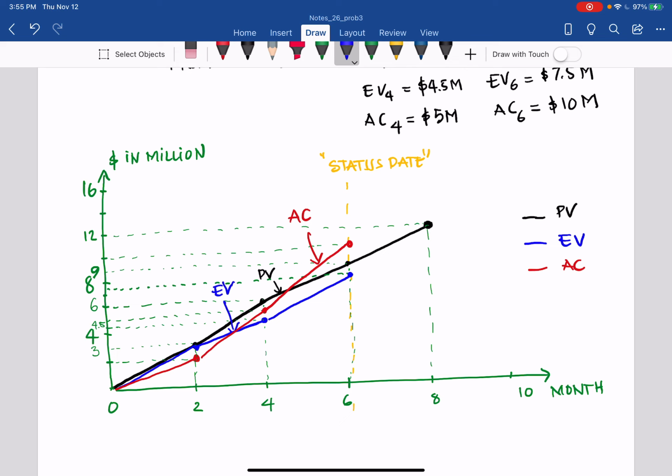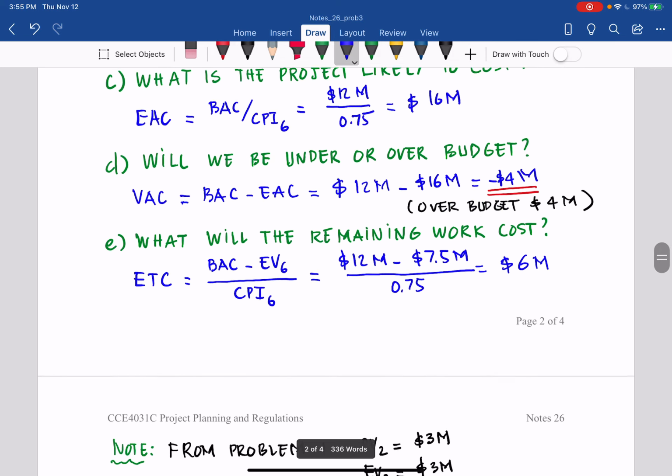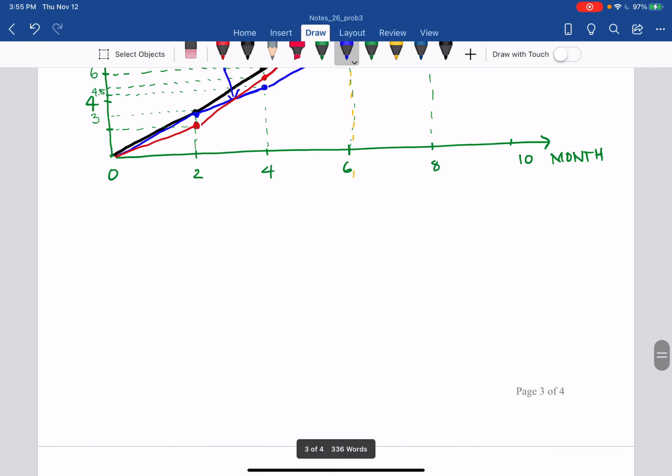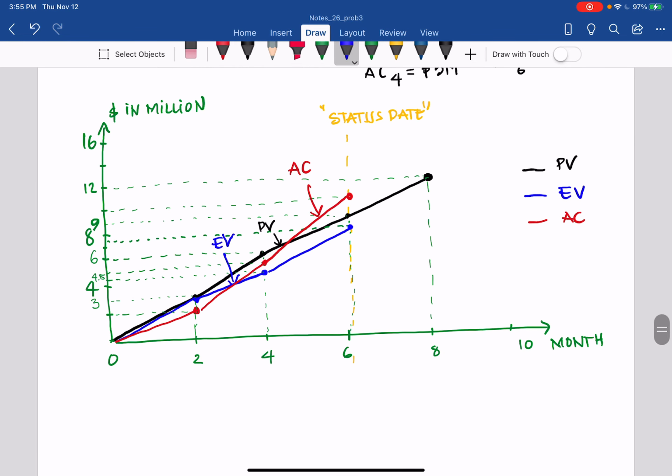And now we can forecast what happens in the future. Our future here is that we estimate 9.6 months to complete, as you can see there. So we put 9.6 months there. That is when we expect the project to complete.